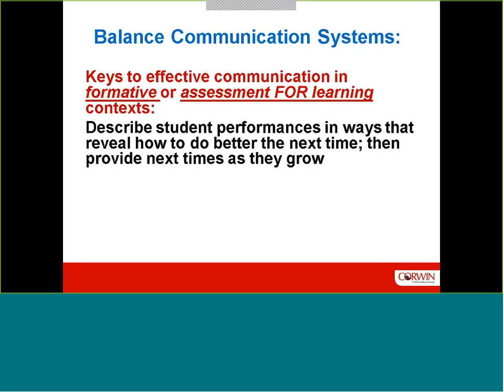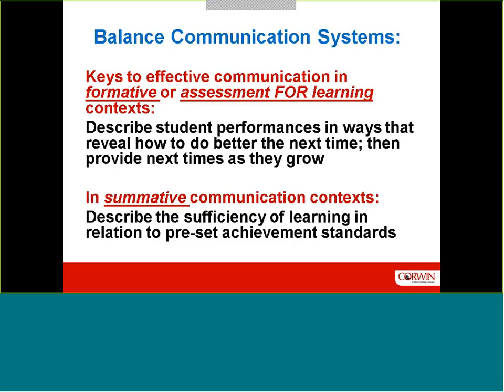And then we provide next times as they grow, continuing to provide that kind of helpful instructional coaching feedback. Metaphor works really well for me there. Guided practice with descriptive feedback. So kids can watch themselves grow during their learning. That's formative. That's supporting learning.